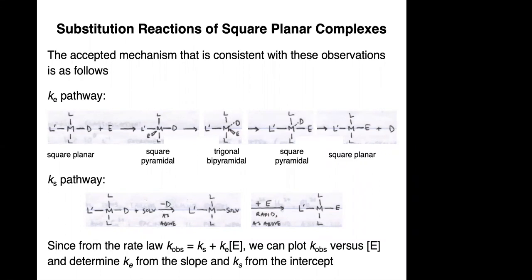It's going to be Ks plus Ke times the concentration of entering ligand, which means that if we plot the observed rate constant under a set of conditions versus the concentration of E, we can then extract the Ke rate constant from the slope and the Ks rate constant from the intercept.